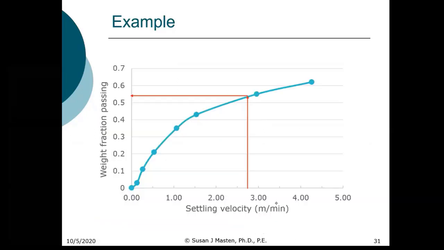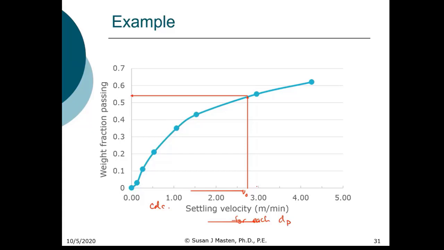So we can plot the weight fraction passing, so this is our cumulative weight passing, versus the calculated settling velocity for each particle size diameter. What we then will do is, this is V naught.